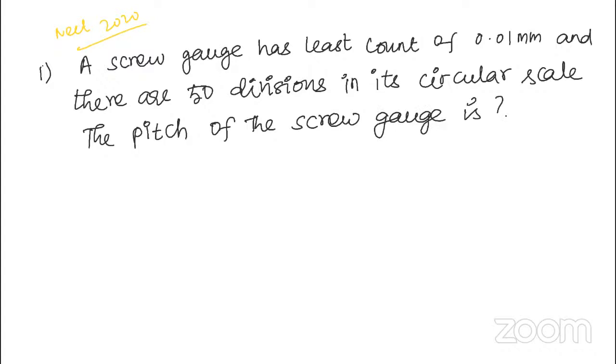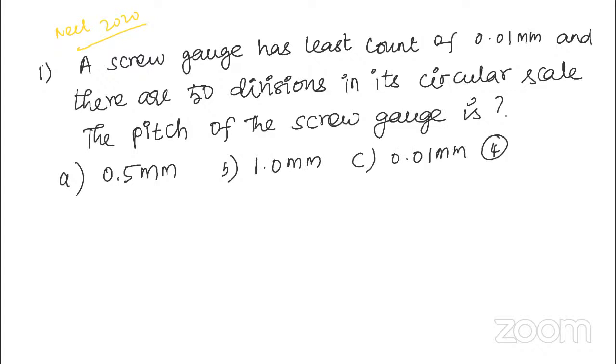They have given the options: A is 0.5 millimeter, B is 1.0 millimeter, C is 0.01 millimeter, and the fourth is 0.25 millimeter.